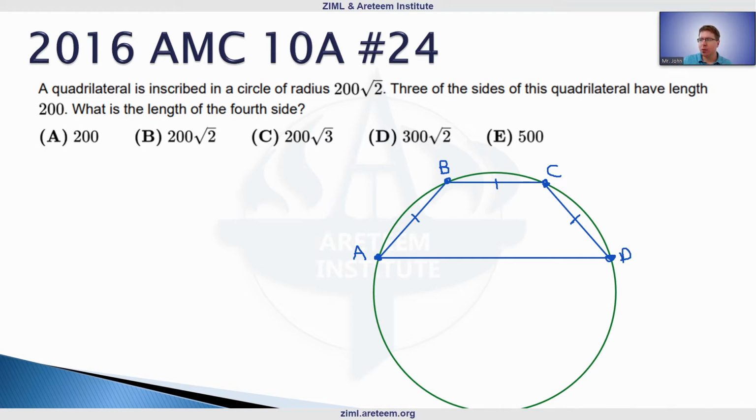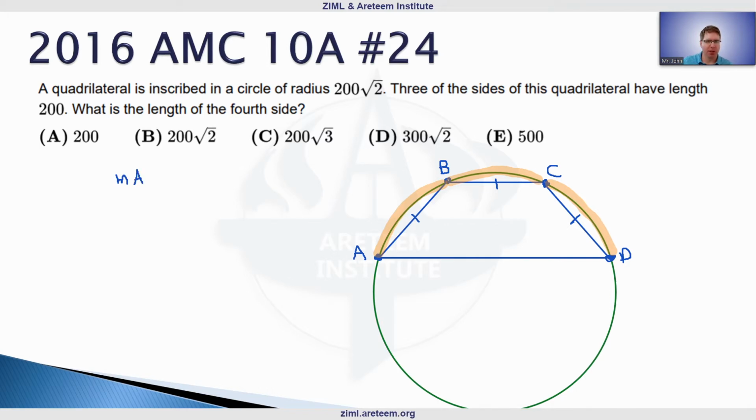The thing we want to recognize right off the bat is that we have these three chords, AB, BC, CD, which all have the same length. In fact, that tells us that the arcs all have the same length as well.